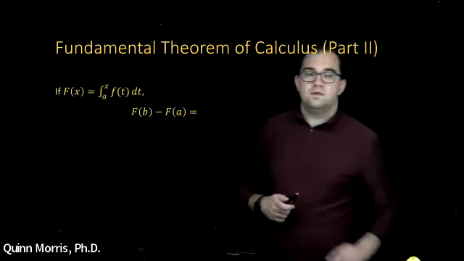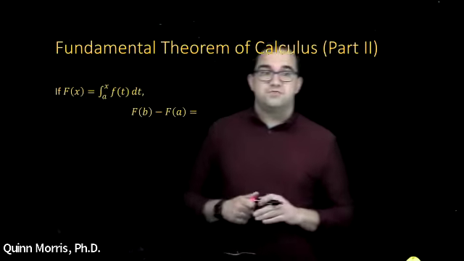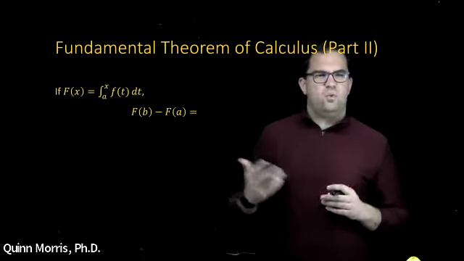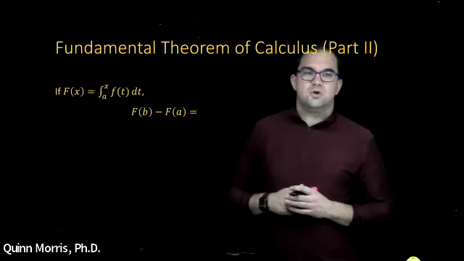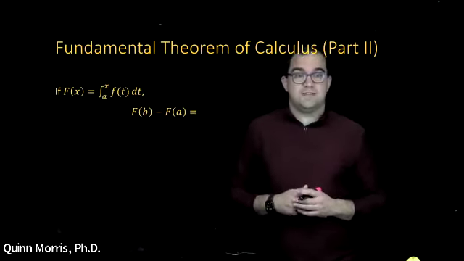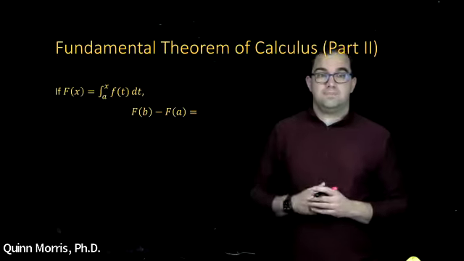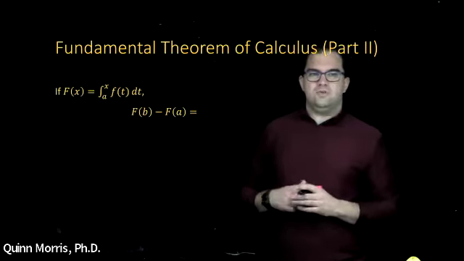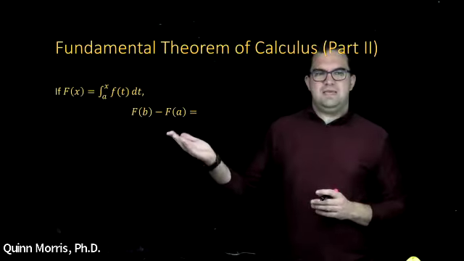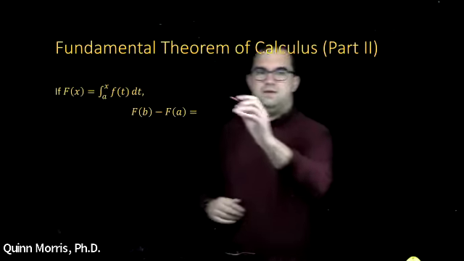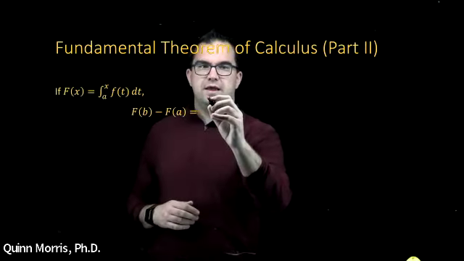Oh, sorry, before we do that, let's first actually justify roughly why this is true. So let's say first that we chose as our antiderivative function that accumulation function that we talked about earlier. If we were to do that, let's think about what would capital F of b minus capital F of a equal?